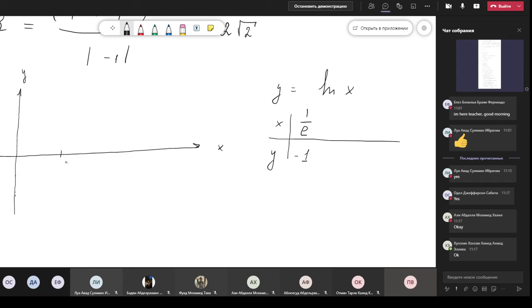This is 1 over e, minus 1. This is 1, 0. And if x is e, y is 1.